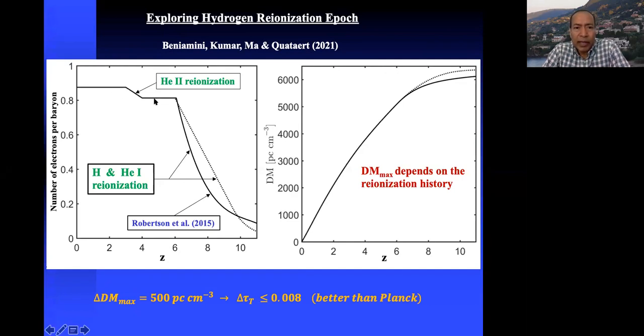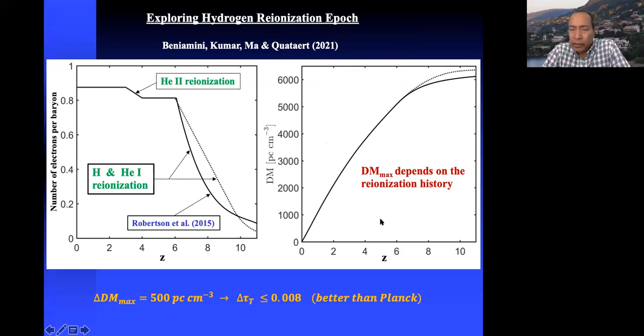The solid line is an empirical model taken from the work of Robertson et al., combining a number of different observations and data, Planck included, plus many other astrophysical probes like Lyman alpha, quasars, and so on. The dotted line that you see is just a simple model made up, which is different from Robertson et al., to show that these two different reionization histories can be explored and distinguished by using FRBs in the following way.